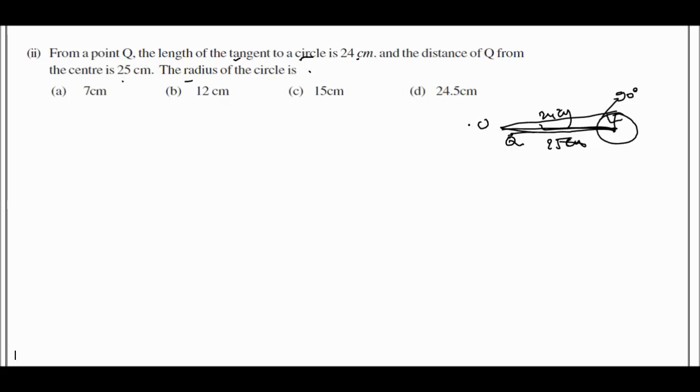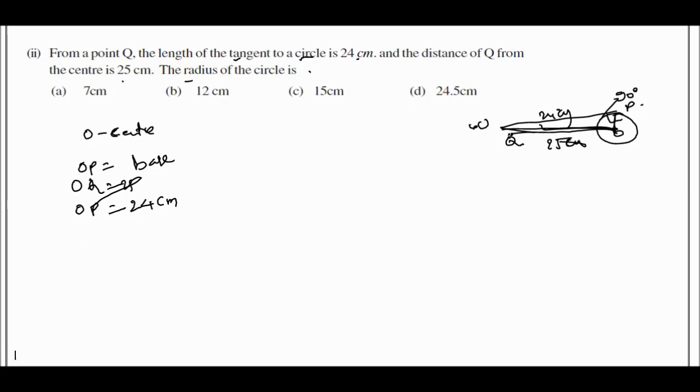Here we write Q, this is O, this is P. We need to find this radius. O is the center, OQ is equal to 25 centimeters and PQ is equal to 24 centimeters.